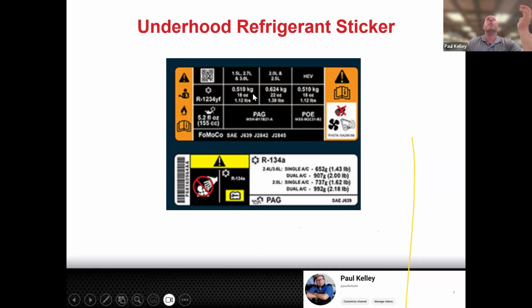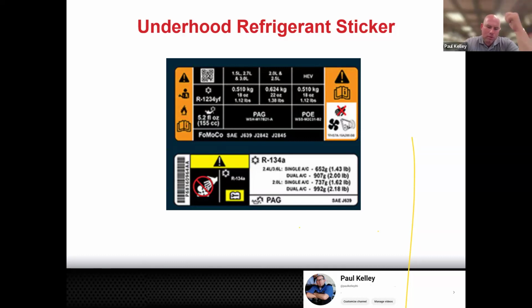If it's the 2 liter, you can see it's a little bit more: 0.624 kilograms or 22 ounces, which is 1.38 pounds. Makes sense? So the amount of refrigerant that we charge is going to be per the sticker. The real reason we use the sticker is to know what type of refrigerant, and even that's not the main reason.